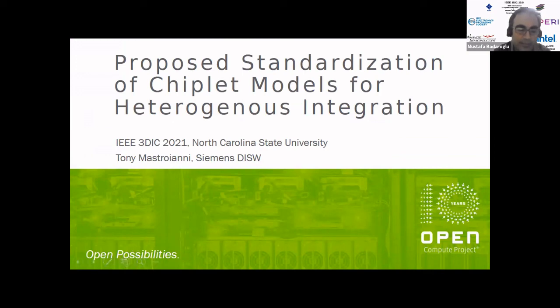But probably from the 2D material, we don't see initially a solution directly replacing a silicon channel. It might be maybe as a complementary FET initially in the first generation.